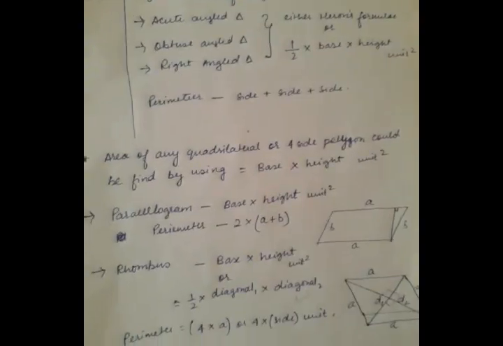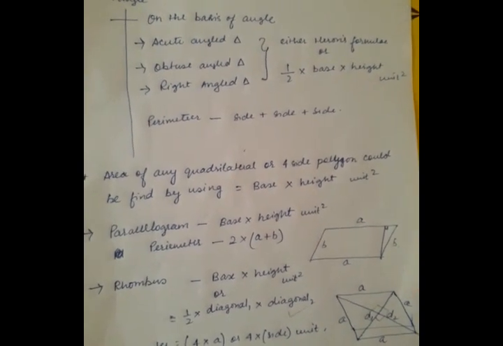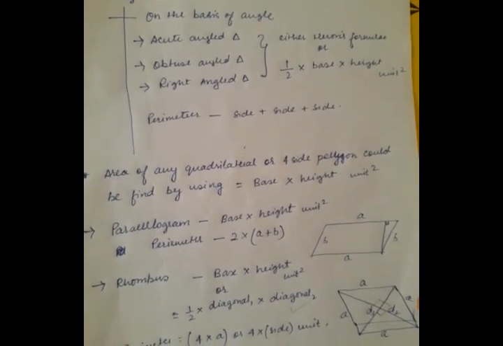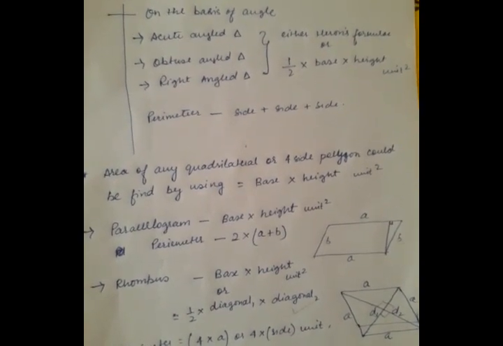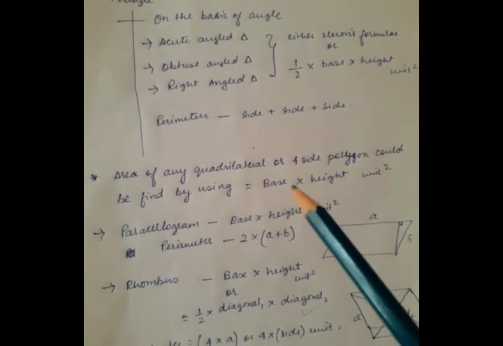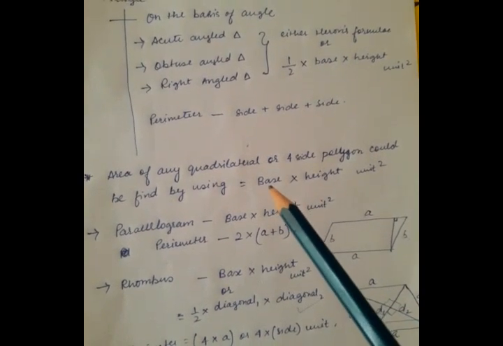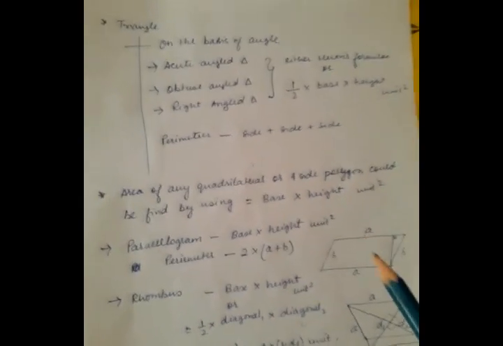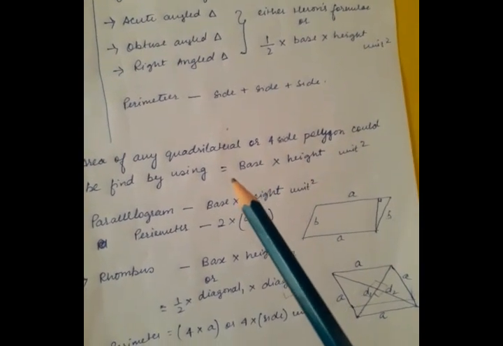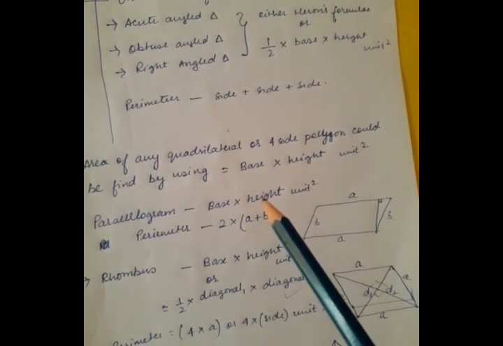Now some basic and particular questions that you have read in earlier classes: the area of any quadrilateral or four-sided polygon. You know that the triangle is the smallest polygon and after that it is the quadrilateral. The universal formula is base into height, whether we take it as length into breadth or as side into sides. So this is the origination of the formula. For a parallelogram we know it is base into height.